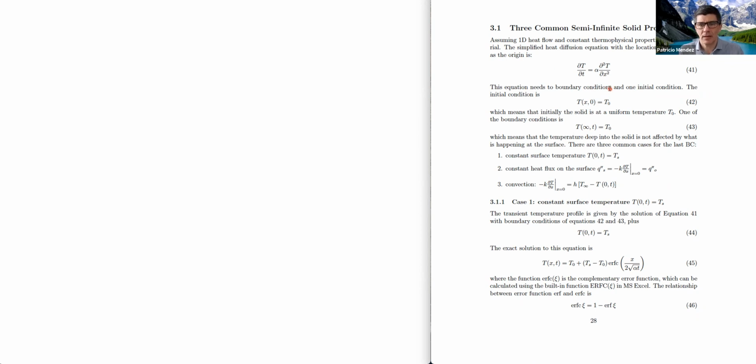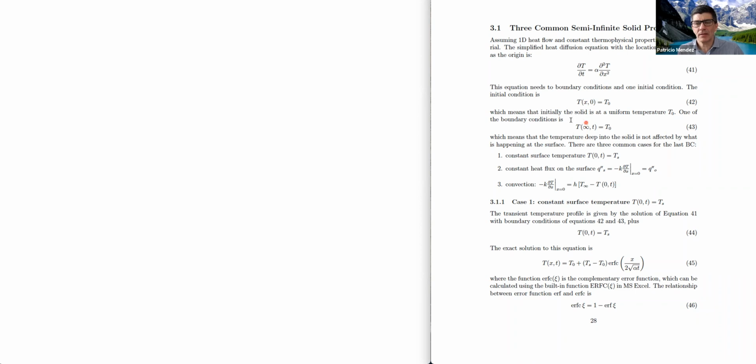So let's go one at a time. In this semi-infinite solid problem, we need to use our imagination. So we imagine something that is flat on the surface and deep, right? What could be a really, really thick wall.